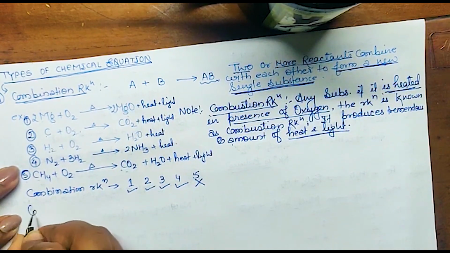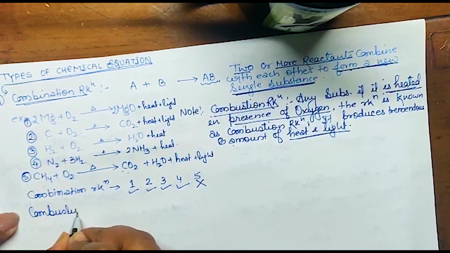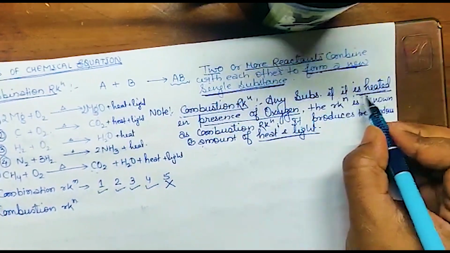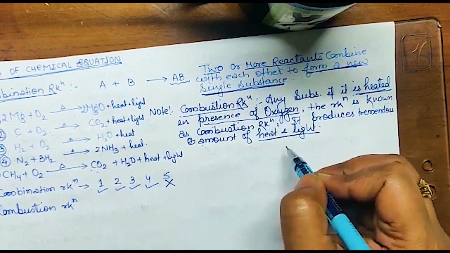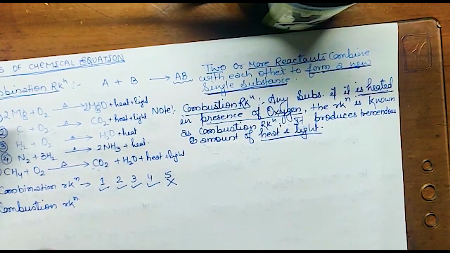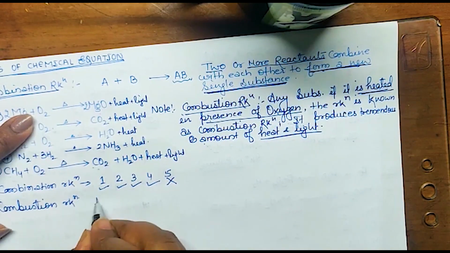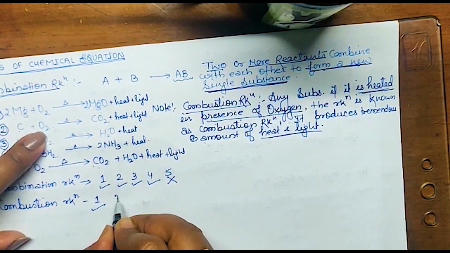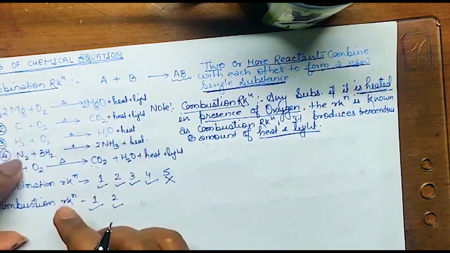Now next, combustion reaction. What does it say? It should be heated in presence of oxygen and heat and light should be provided. So equation 1 is combustion, yes. Equation 2 is combustion, yes. Oxygen burning, heat and light.